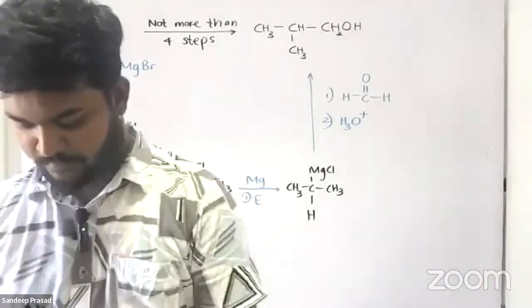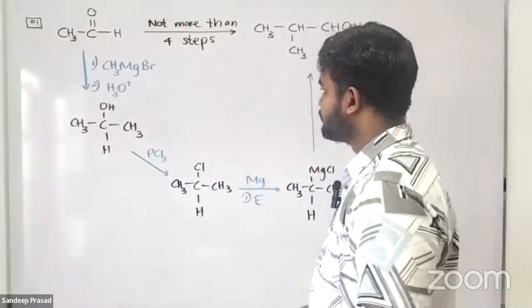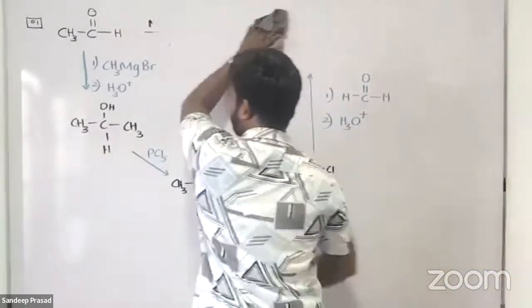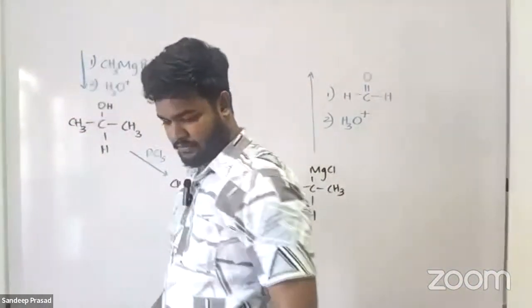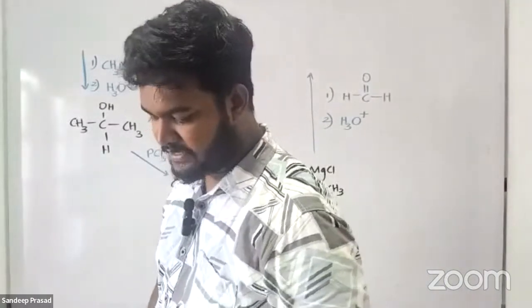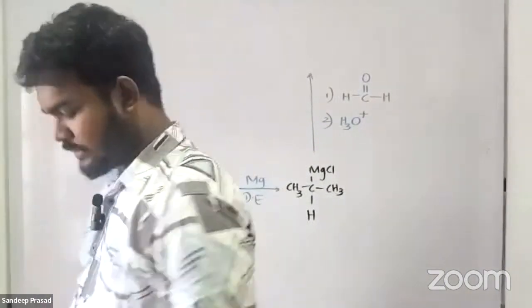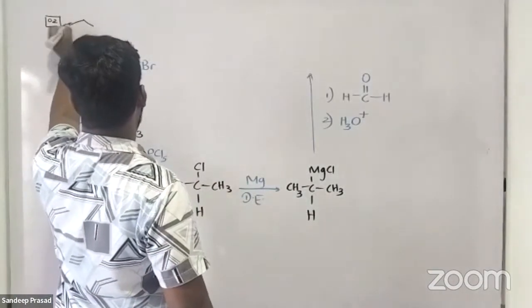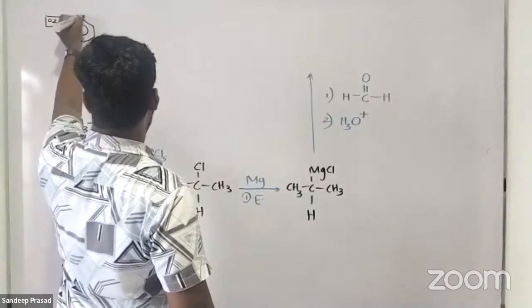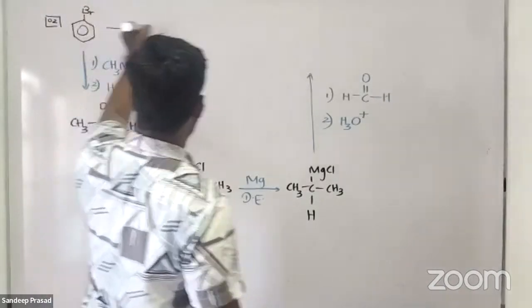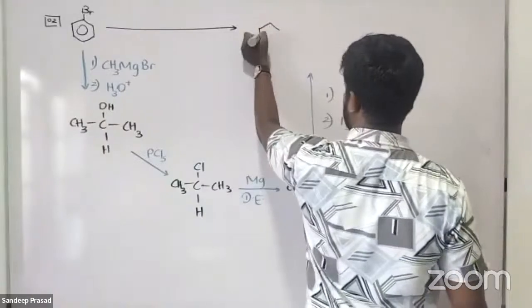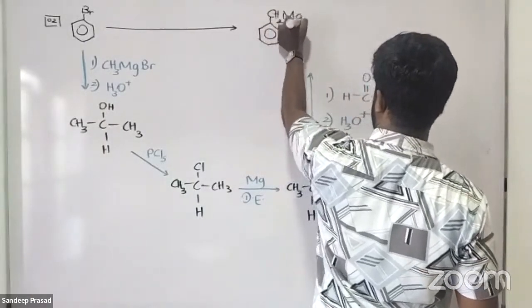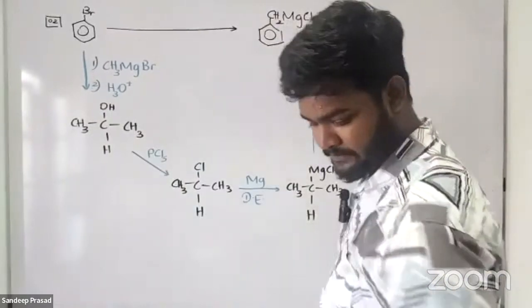And the second conversion I gave you is this one. Look at this. Bromobenzene going to a CH2MgCl compound.